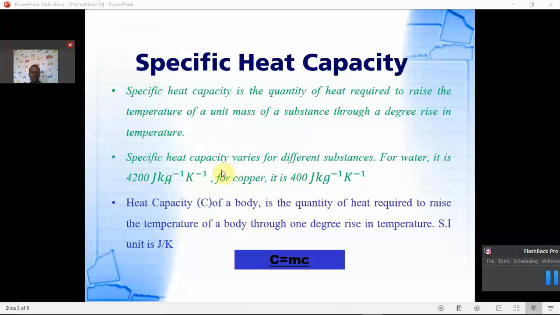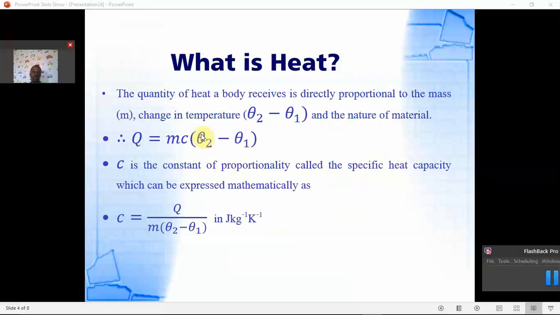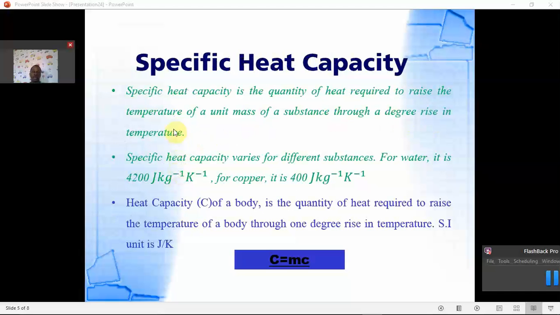By way of definition, specific heat capacity is the quantity of heat required to raise the temperature of a unit mass of a substance through a degree rise in temperature. When we hear "specific" in physics or engineering, we are looking at per mass.